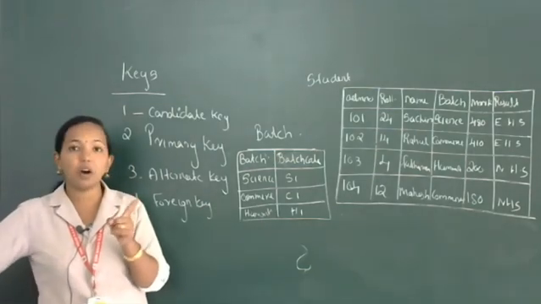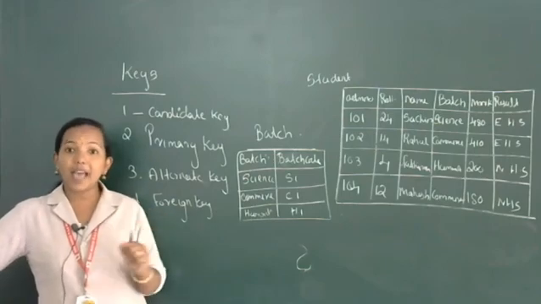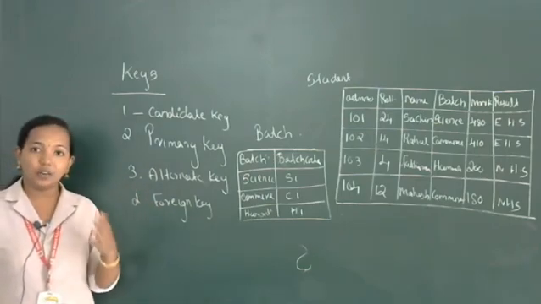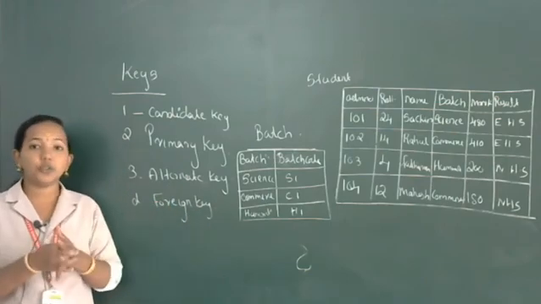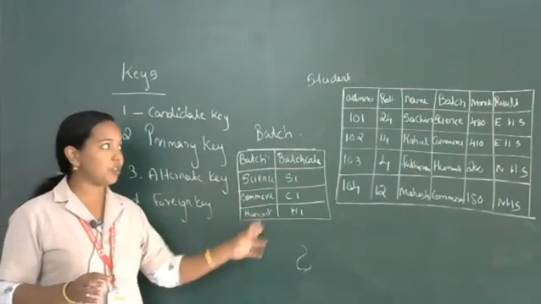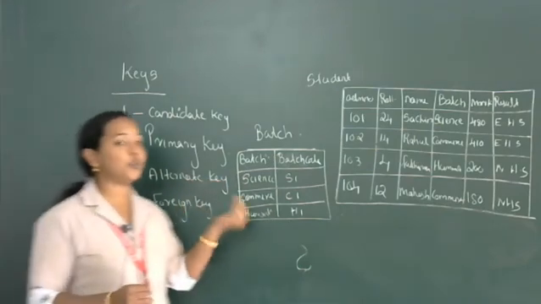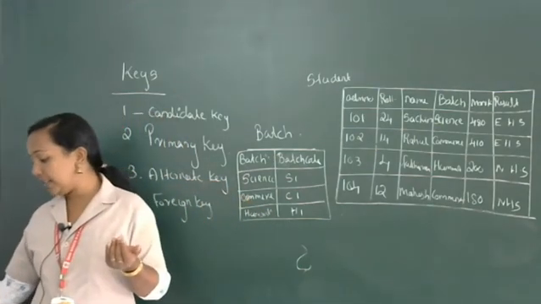Which column is common? Batch. So we can use batch as foreign key. Okay, batch attribute as foreign key to connect these two tables. So that kind of keys are known as foreign key.